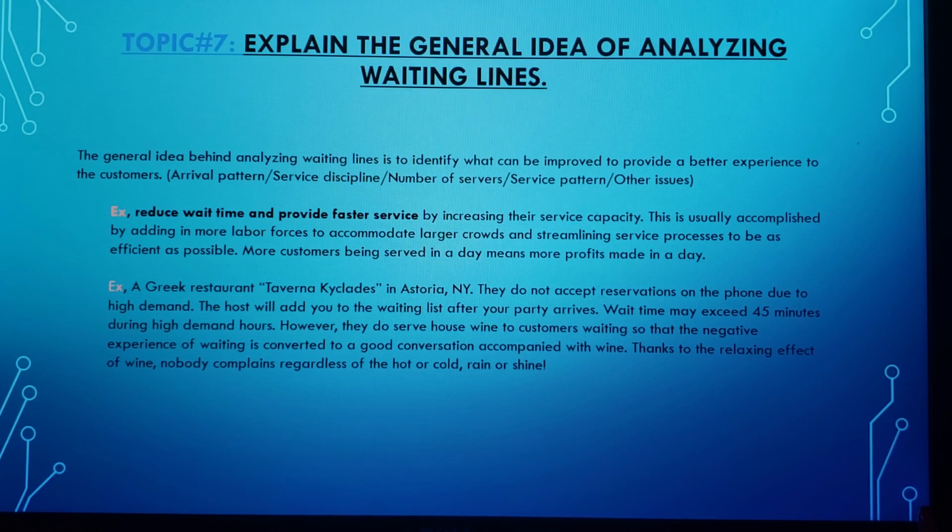An example of this is to reduce the wait time and provide faster service by increasing the service capacity. This is usually accomplished by adding more labor forces to accommodate longer crowds and streamlining service processes to be as efficient as possible. More customers being served in a day means more profits being made in a day.